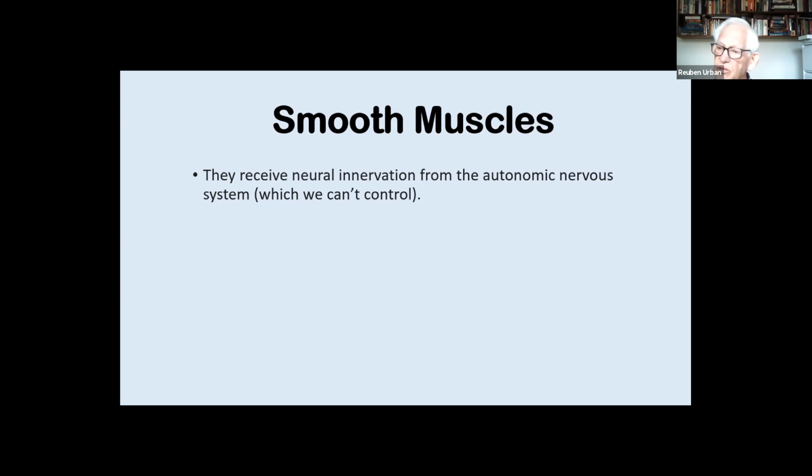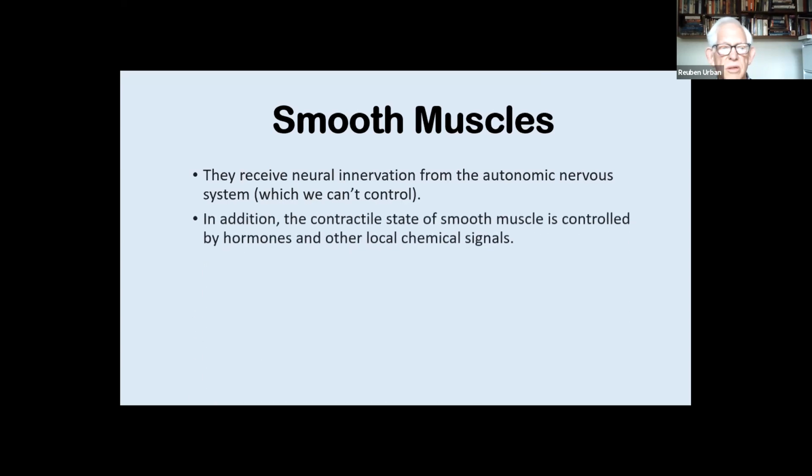So our temperature regulation, we can't control that. Many other things within us, we have no control of, and the autonomic system does that. Smooth muscle is under autonomic control.